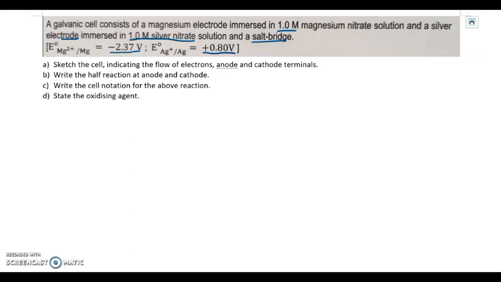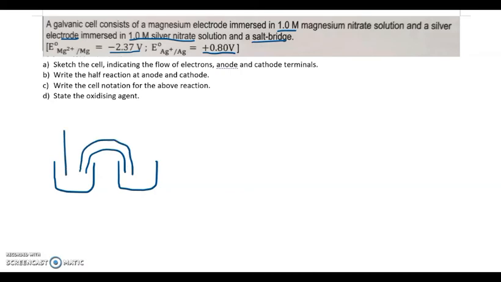Jadi kalau kita lihat di sini, okay, this is a galvanic cell. Jadi kita akan lukis gambar rajah bagi galvanic cell. So, galvanic cell terdiri daripada two beakers, dihubungkan oleh salt bridge.